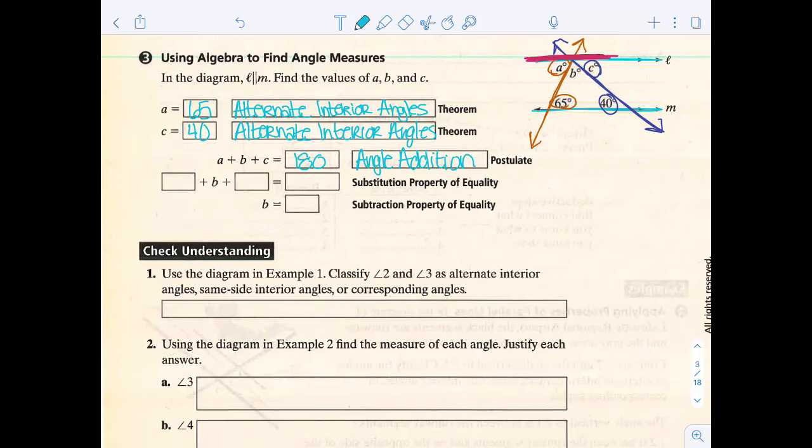We know A is 65. We don't know B, but we know C is 40, and it still adds up to 180. If we subtract those over to the other side, we find that B is 75 degrees.